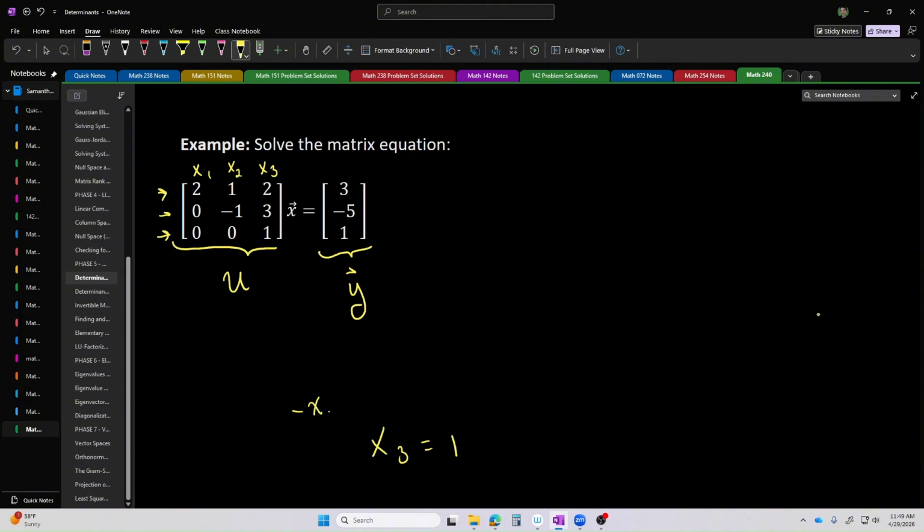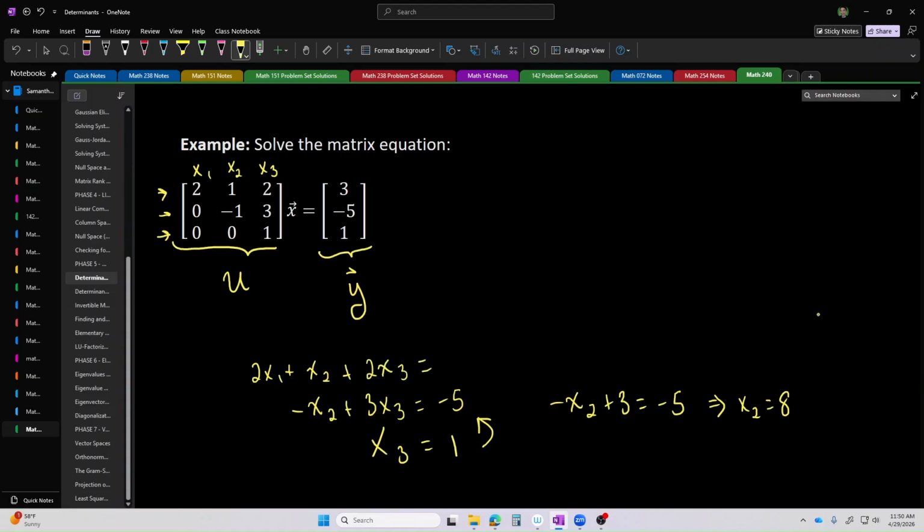Then I've got negative x2 plus 3x3 is equal to minus 5. I can get the value of x2 right away by substituting: plug in x3 equals 1, solve for x2, and I think I get x2 equals 8. Then read the top row: 2x1 plus x2 plus 2x3 must equal 3.